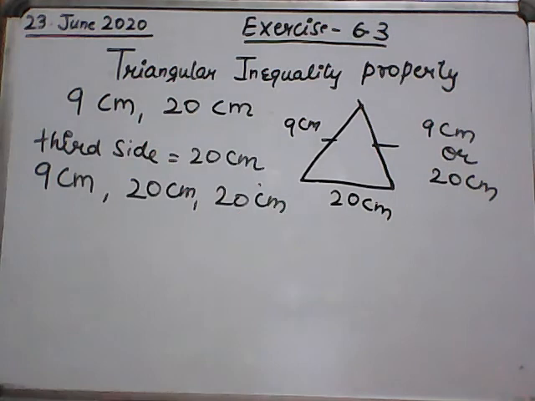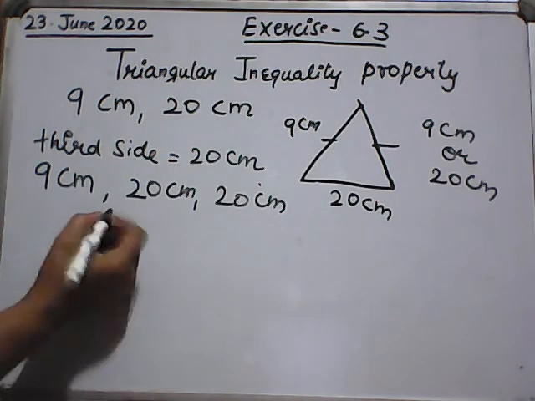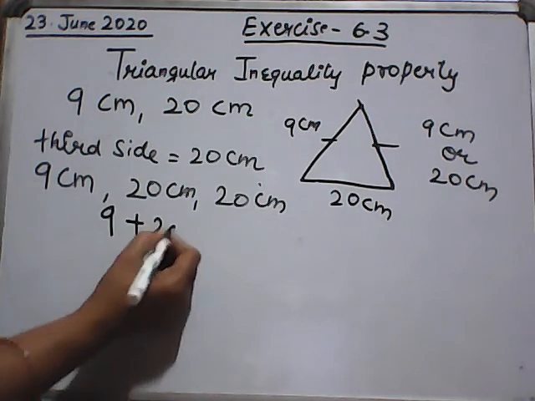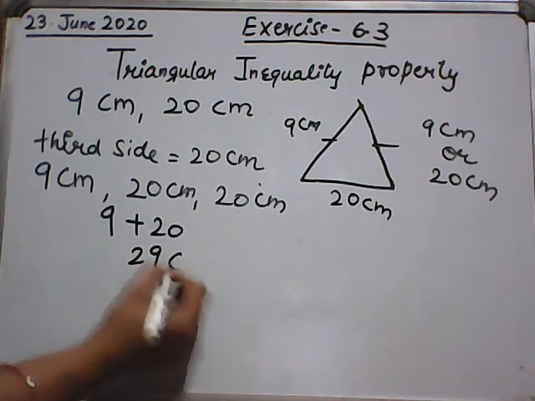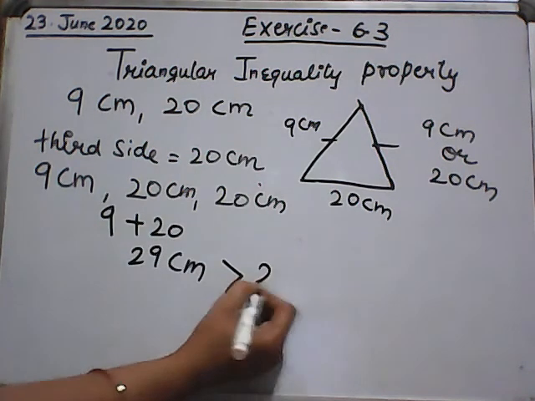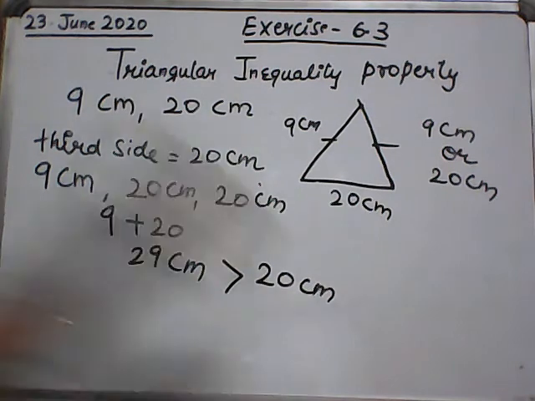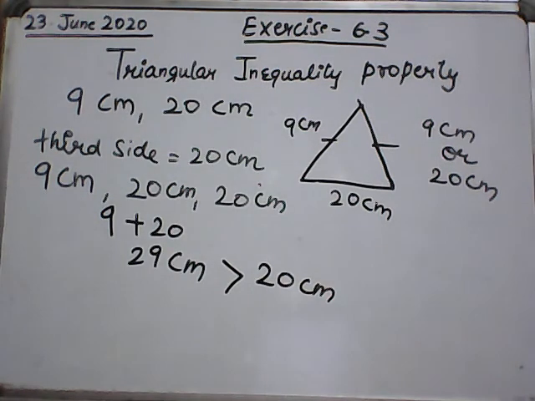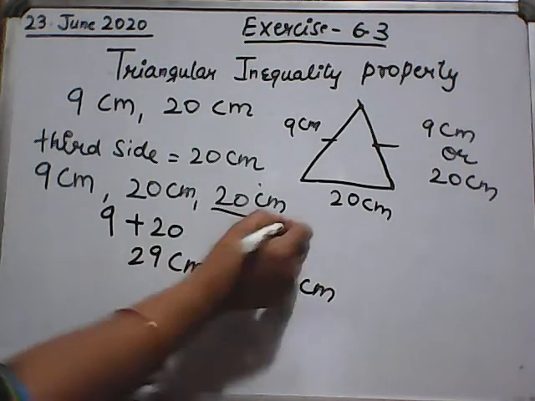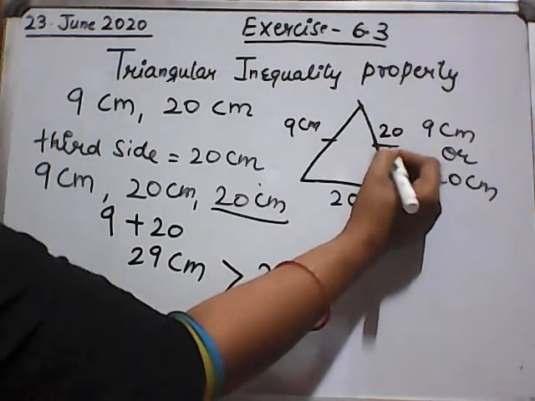What is the sum of the two shorter sides? 9 centimeter and 20 centimeter. 9 plus 20 is 29 centimeter. That is greater than the third side. It satisfies the triangular inequality property. So this becomes the length of the third side.